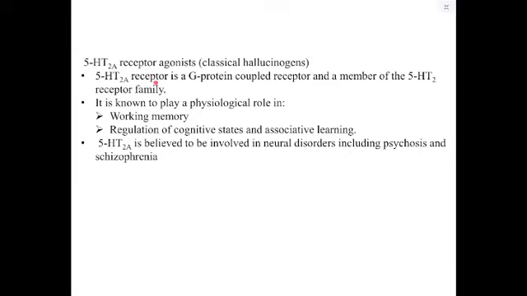The 5-HT2A receptor is a glycoprotein-coupled receptor, a subtype of the 5-HT2 receptor family. It is known to play a physiological role in working memory, regulation of cognitive states, and associative learning. That is the main role of that receptor. It is believed to be involved in neurodisorders, including psychosis and schizophrenia.